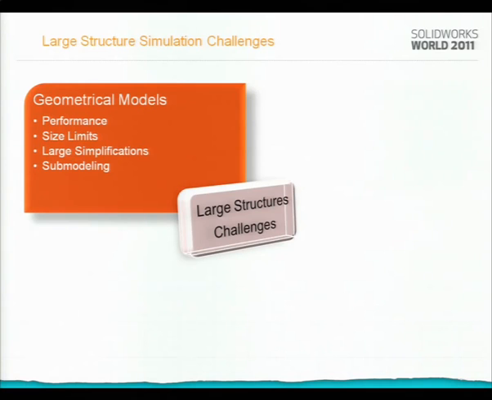From the geometrical point of view, we have performance. This is because we may have many components in a large structure. If we think about the weldment of the plant structure, we may have a lot of degrees of freedom to solve. Size limits: I don't know if anybody tries to run a 1 kilometer analysis of the structure. I did, and we have some challenges in that. I will show you. Large simplification in order to idealize the model.